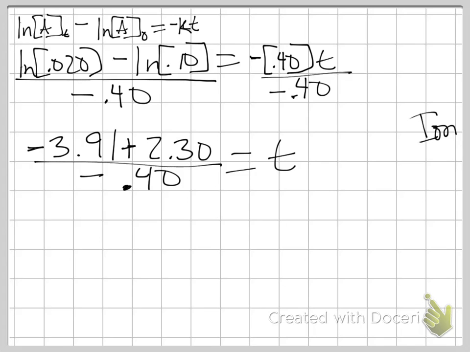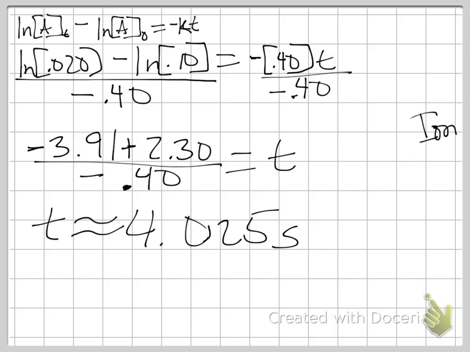Our final value for t, once calculated, should come out to approximately 4.025 seconds. So this is the amount of time it will take for it to drop under regular conditions from 0.1 molar all the way to 0.020 molar.